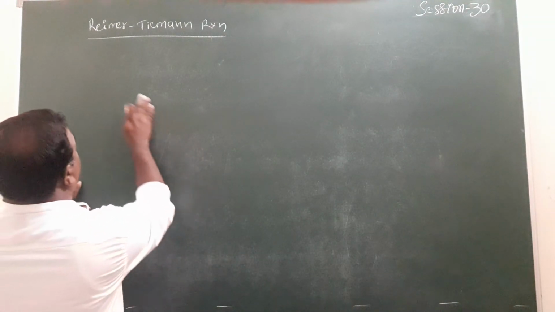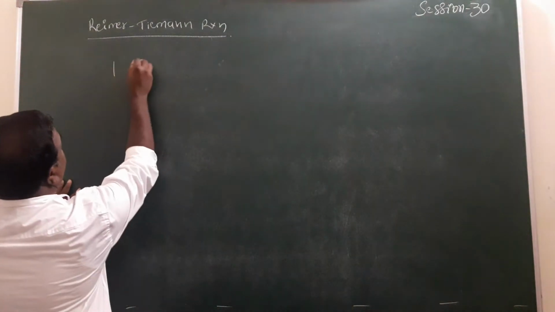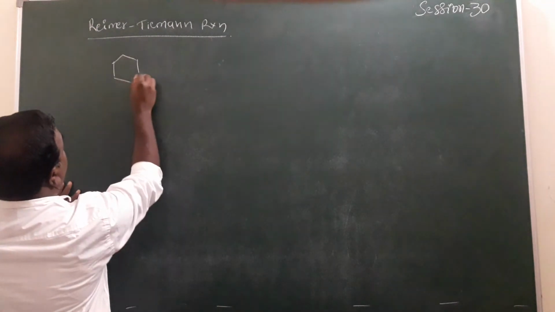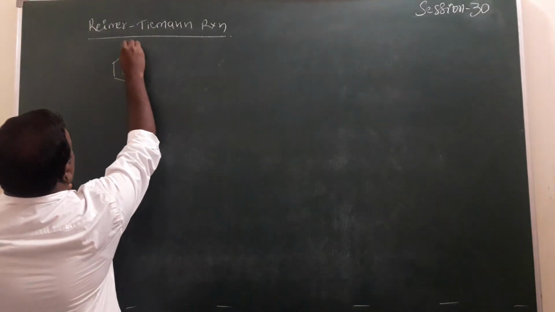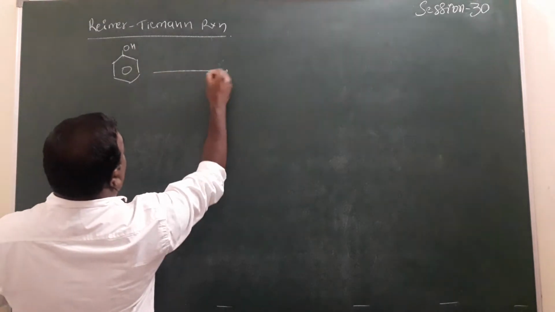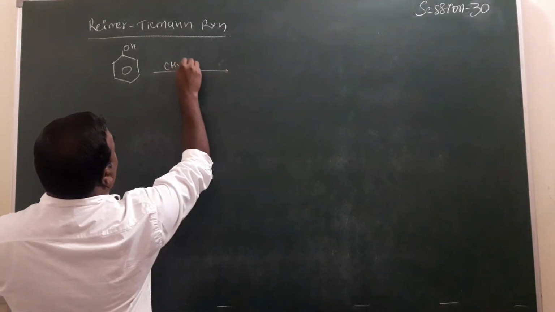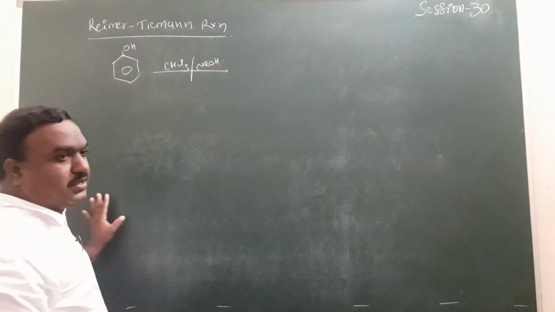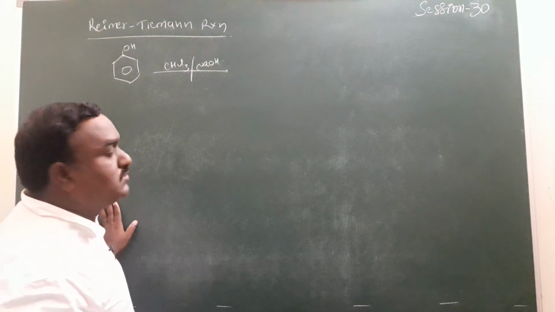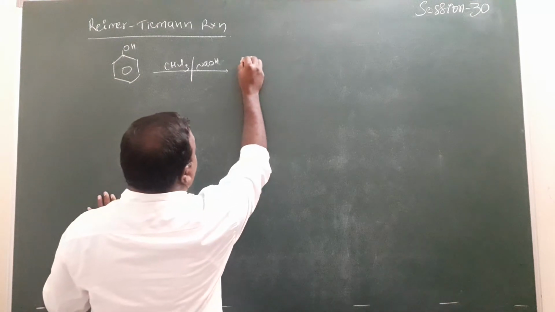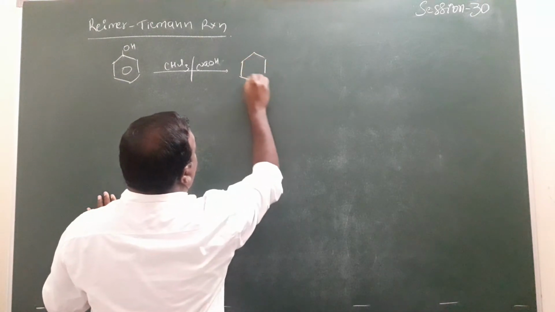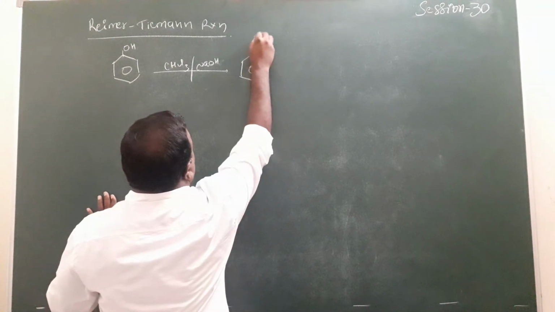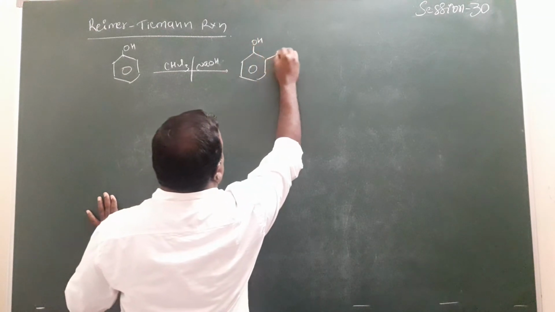So, for example, here the phenol compound is given, reacting with chloroform in the presence of NaOH medium. NaOH base medium is given. What type of product is formed here? Here the OH group is a protecting group.